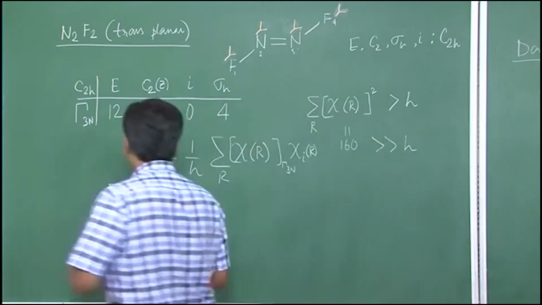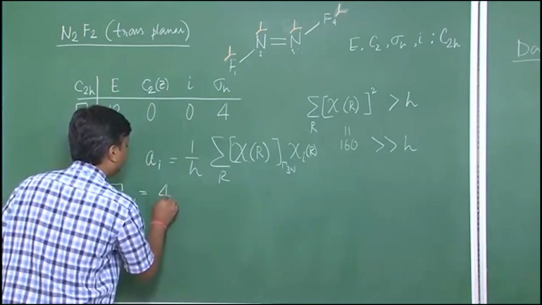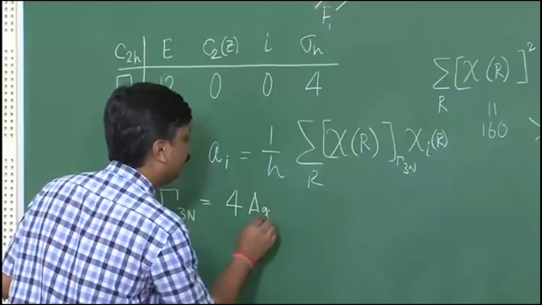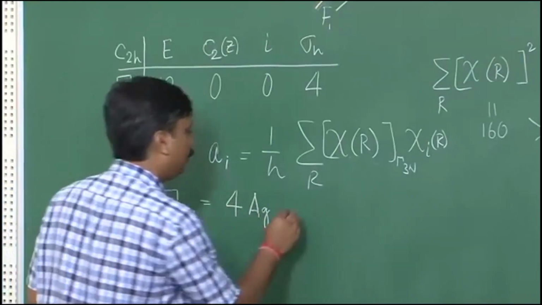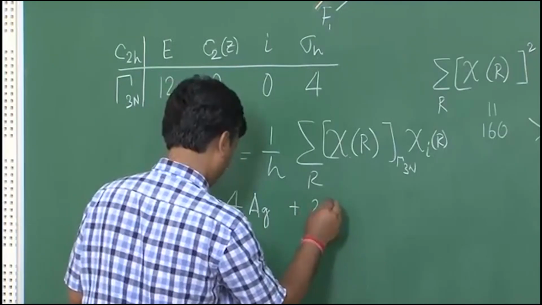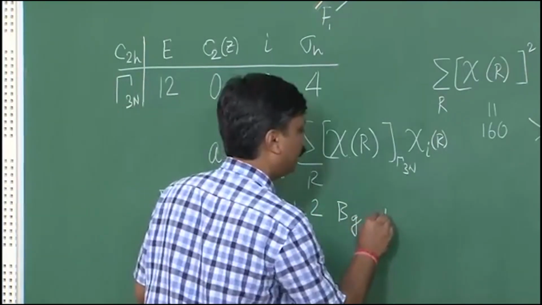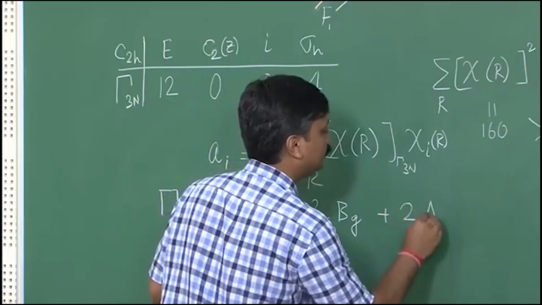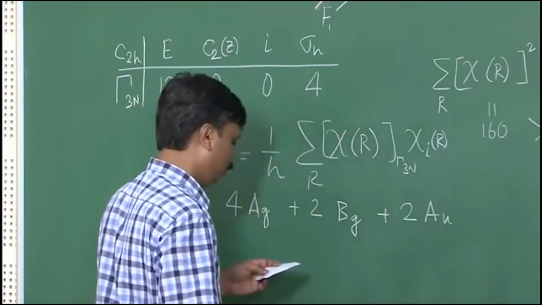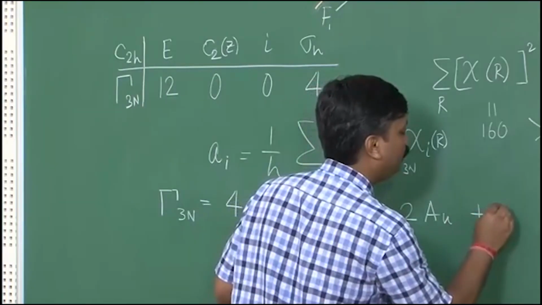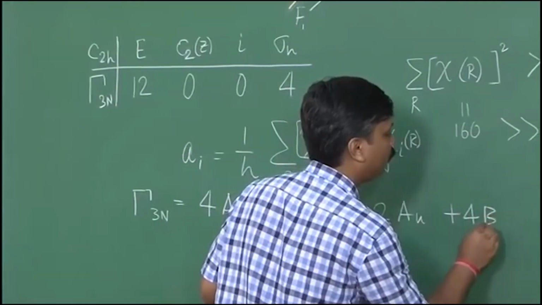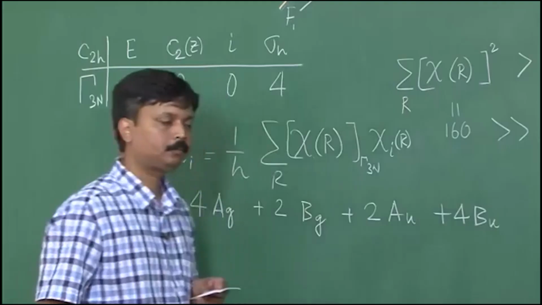If I write this, it will be 4 Ag plus 2 Bg plus twice Au, and Bu will occur 4 times.